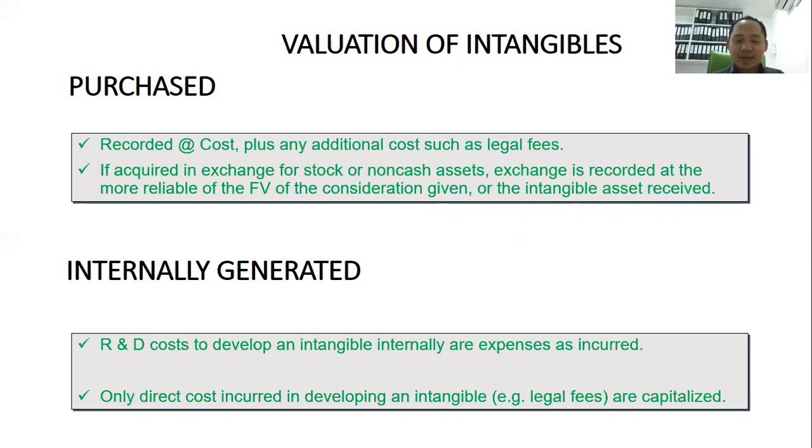So yung research and development na nangyari to develop the intangible asset internally is recorded as expense. Only direct costs incurred in developing an intangible, for example, legal fees, are capitalized. So for internally generated goodwill or intangible assets, capitalize only those that are directly related to that intangible.